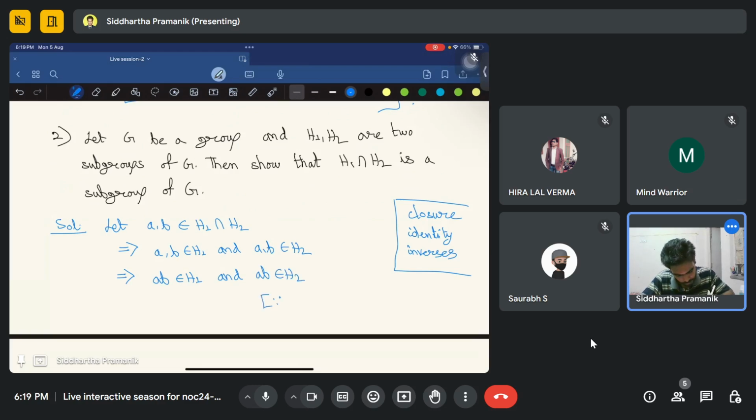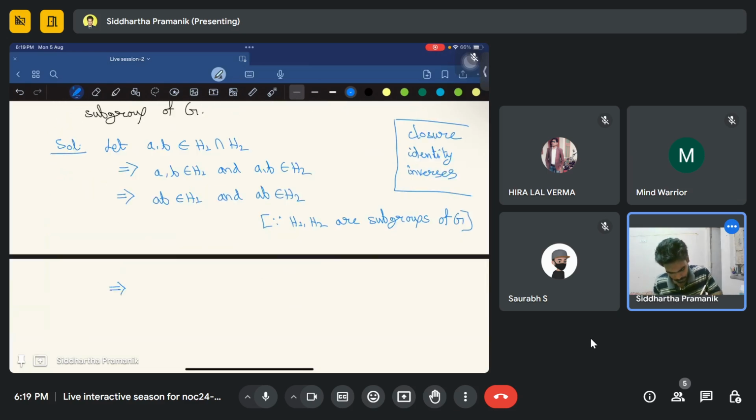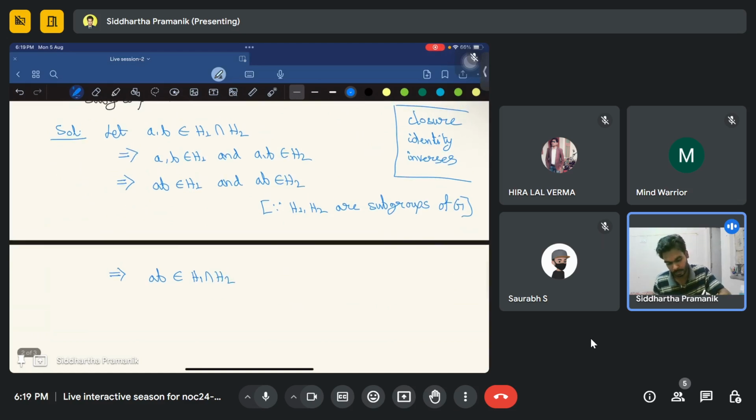So since H1, H2 are subgroups of G, this means this element belongs to both sets, right? So that element belongs to the intersection. So we have taken two arbitrary elements and we have shown their product belongs to the set. So the closure property holds.